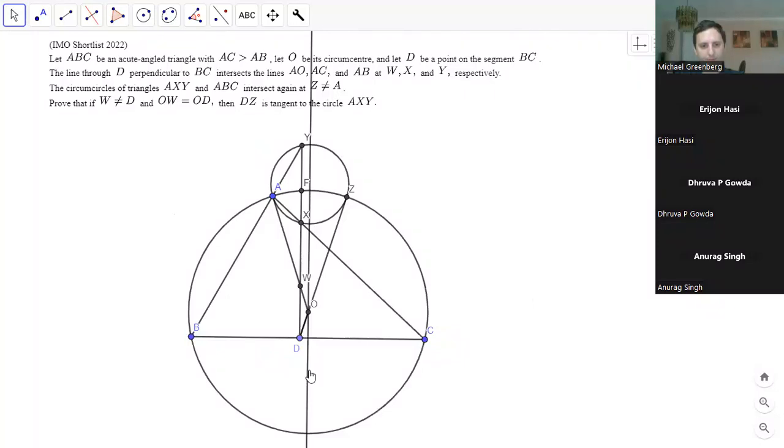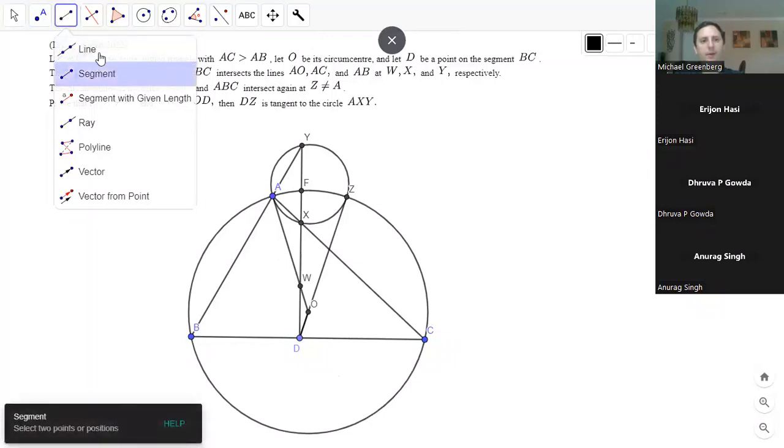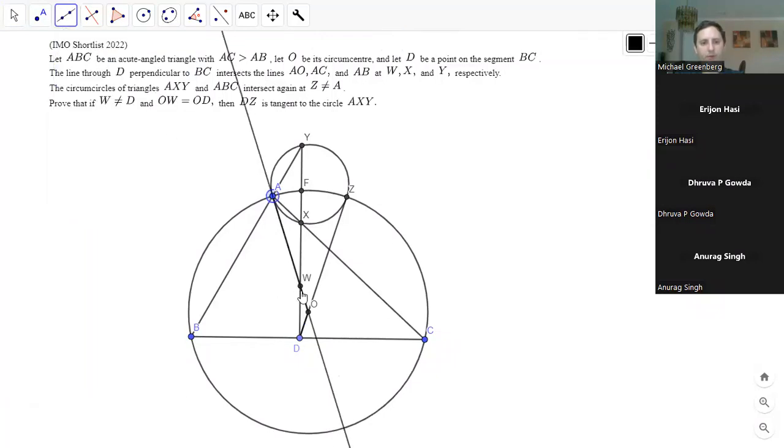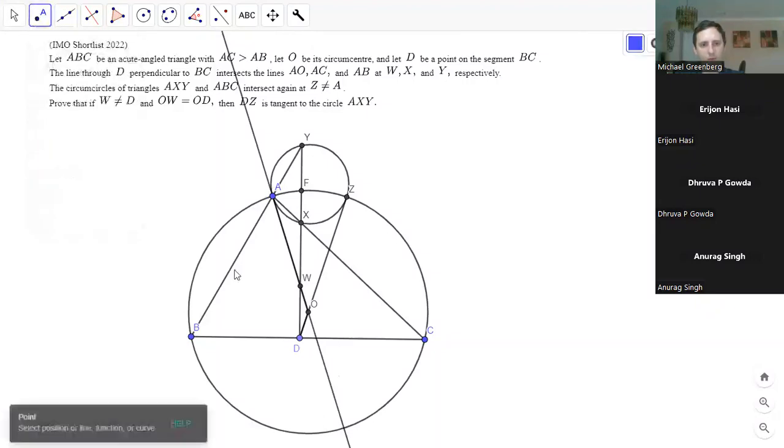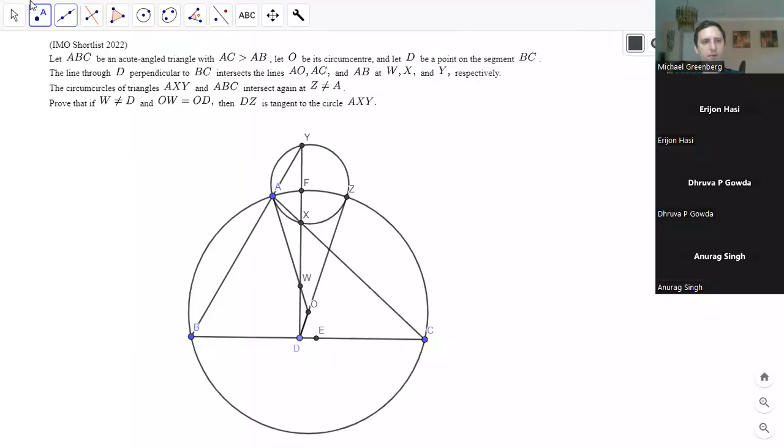Are OD and Z collinear? Yeah, I think they might be. I haven't proven it, but I think that's the case if the condition holds.